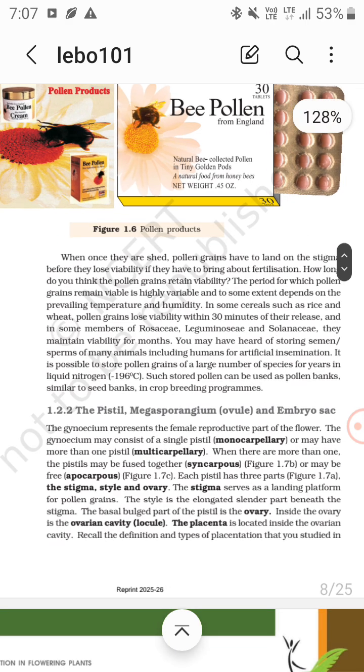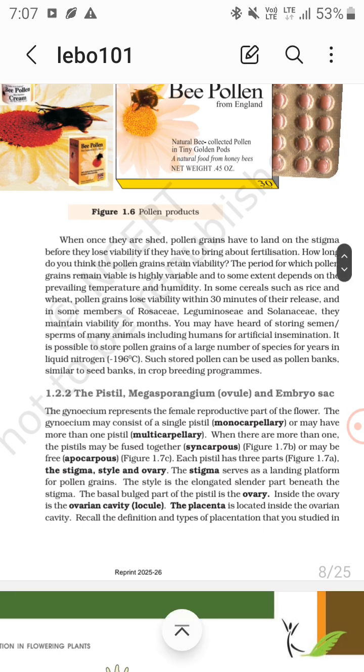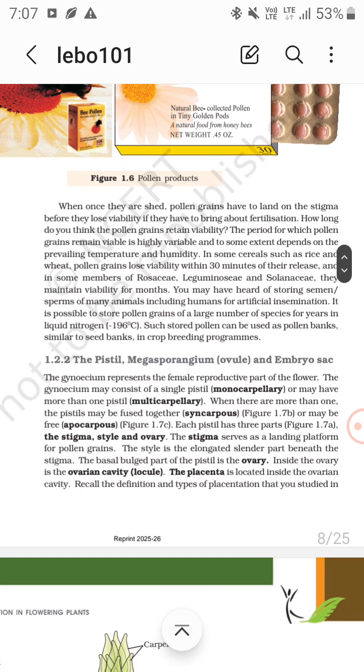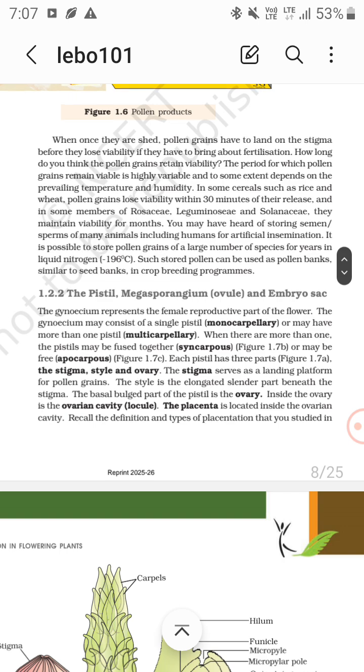Pollen viability: within 30 minutes for some cereals like rice and wheat, and for months in members of Rosaceae, Leguminosae and Solanaceae. At minus 196 degrees Celsius you can store pollen grains in liquid nitrogen. Pollen is also used as pollen banks in crop breeding programs.